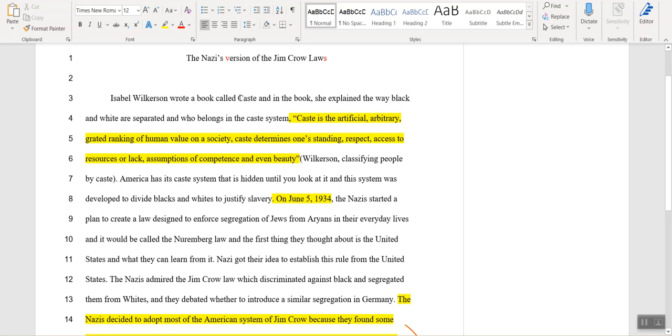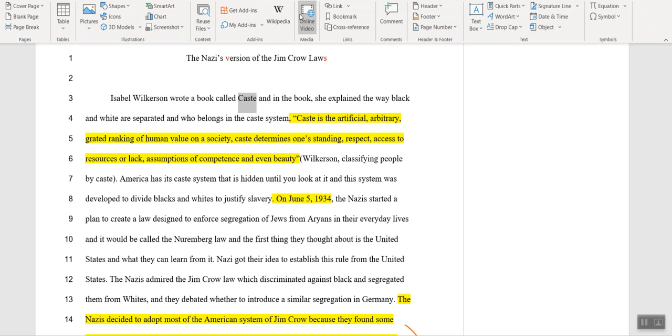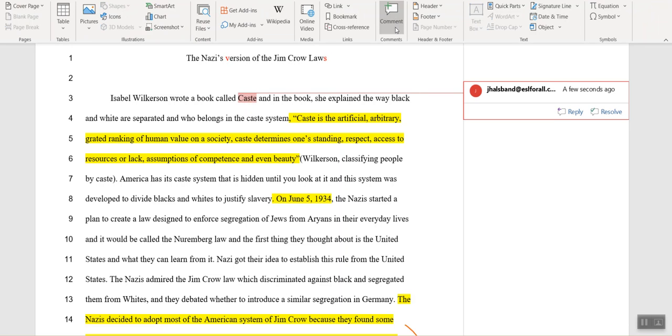I'm not gonna necessarily put this in red, but I am gonna give the comment so that later on I remember this, is to use the entire title of the book when referring to it for the first time, and also be sure to follow capitalization rules.